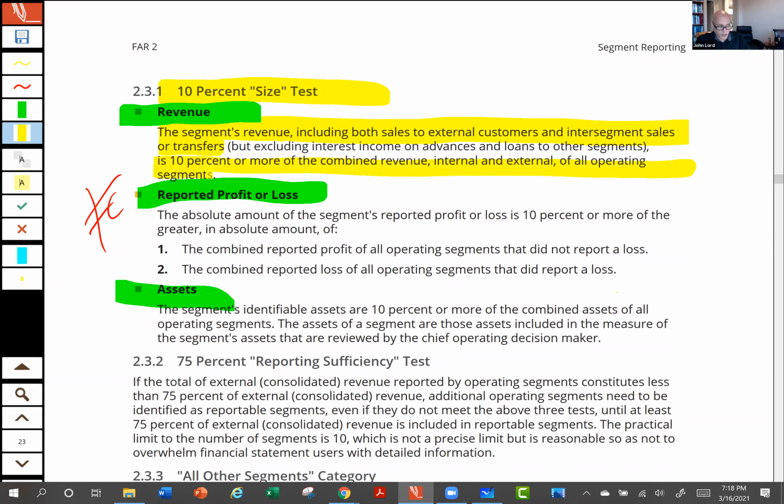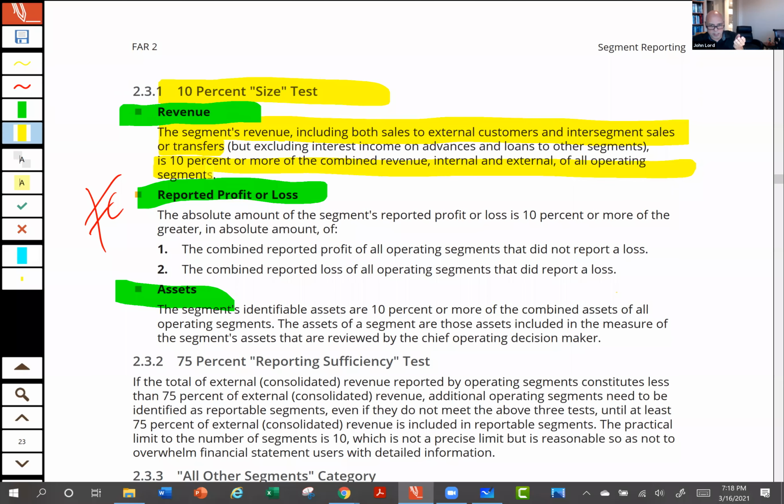So what are you going to do? You're going to add up the revenue of all your segments. Multiply that number by 10%. Any segment that has revenue that is greater than or equal to that 10% of the total is going to be reported as a segment.